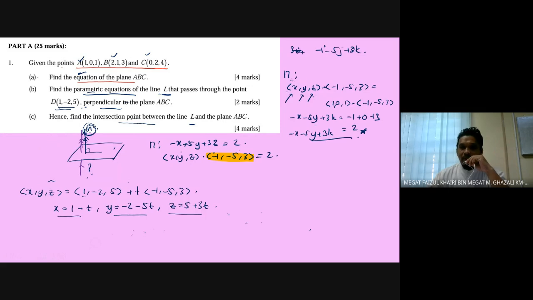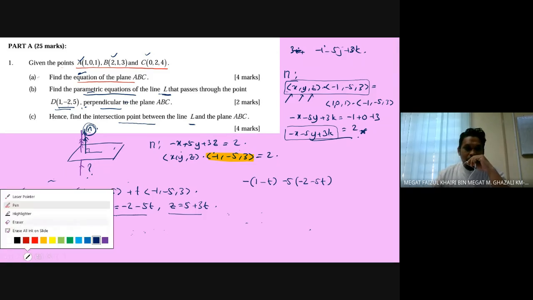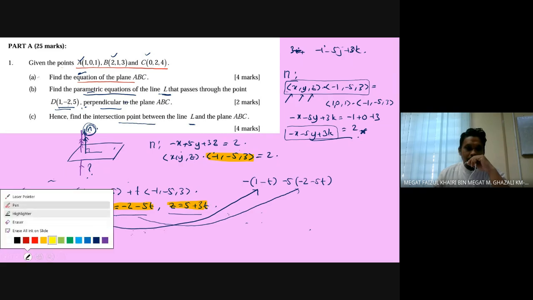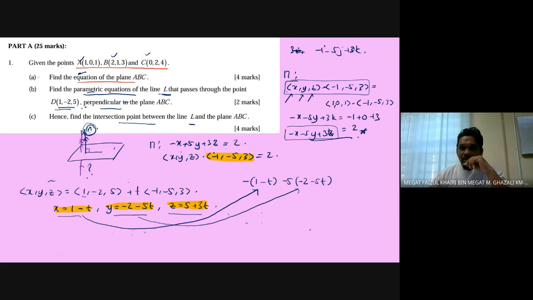Okay, so we already get it here. Then x is 1 minus t, minus 5, and y is negative 2 minus 5t, and z is 5 plus 3t.